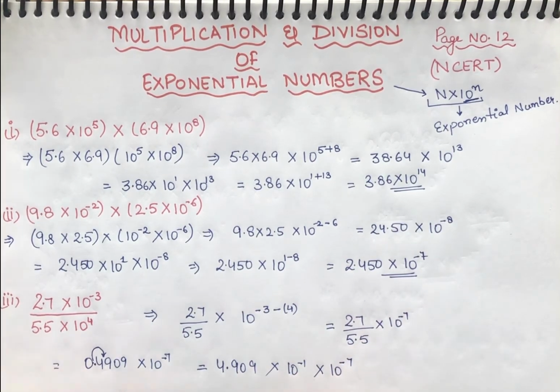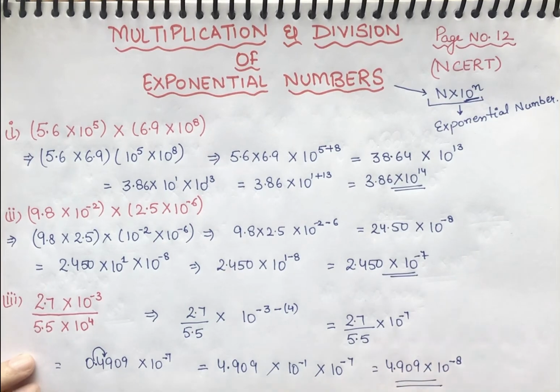Now these both powers are in multiplication, so I'll simply add them. So it will be 4.909 into 10 raised to power minus 8. 1 plus 7 is 8, and I'm having a sign of minus, so I'll take this value as minus. So this is your final answer.